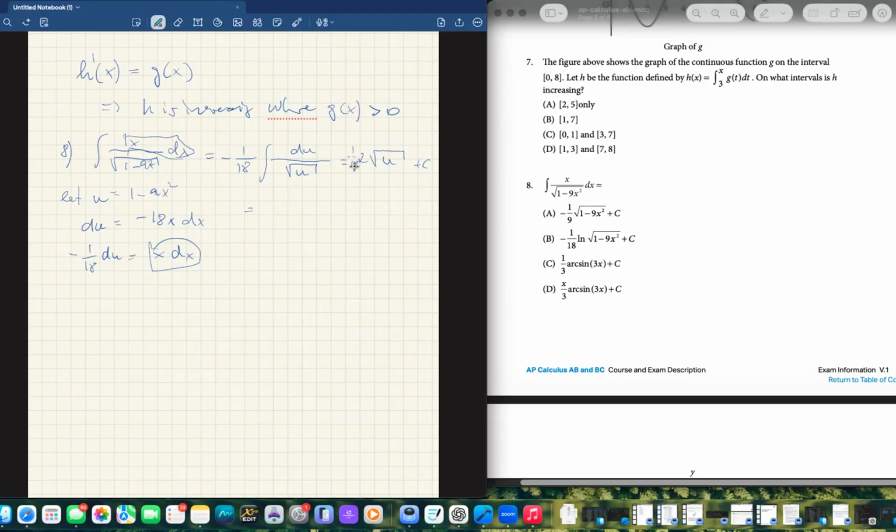Negative 1/18 times 2 is negative 1/9 times square root of, put this back in, 1 minus 9x squared plus C. And let's see if we have something like this here. Yes, we do. So that would be A. So A is the correct answer in this one.